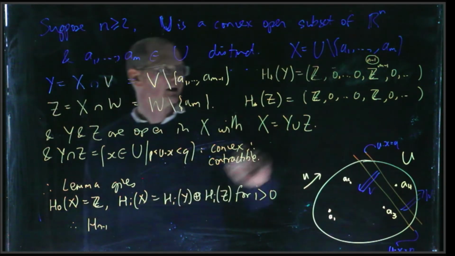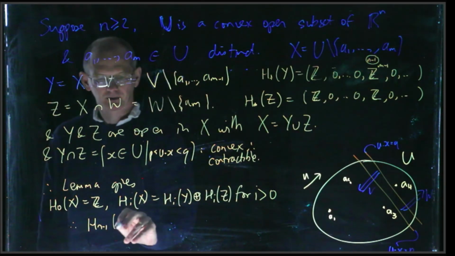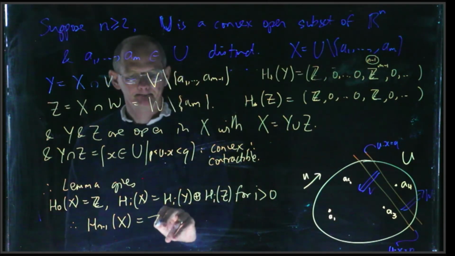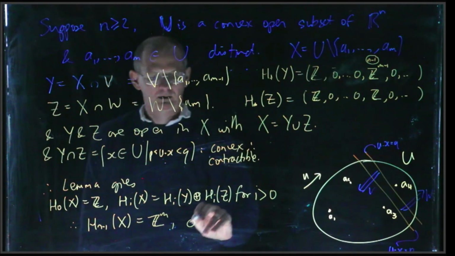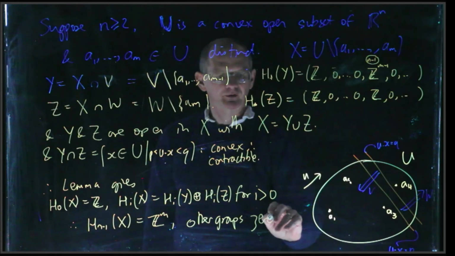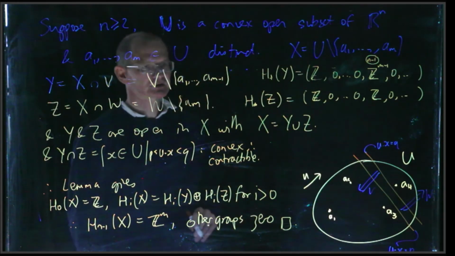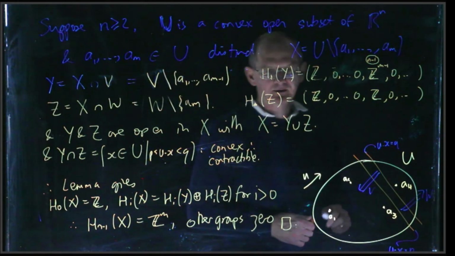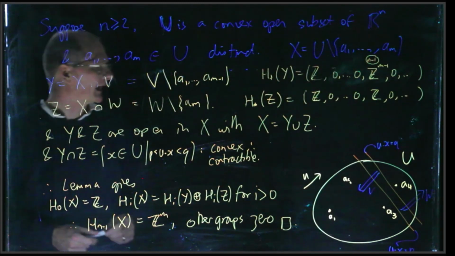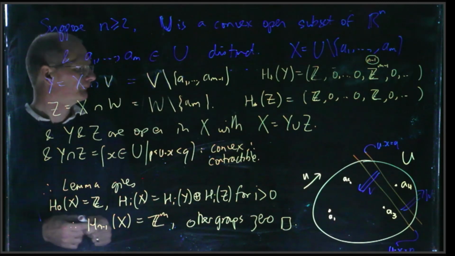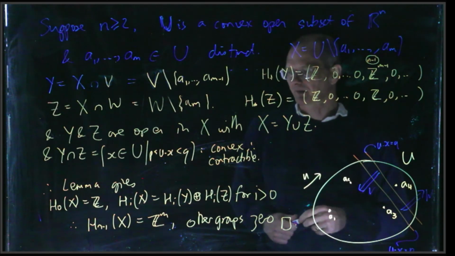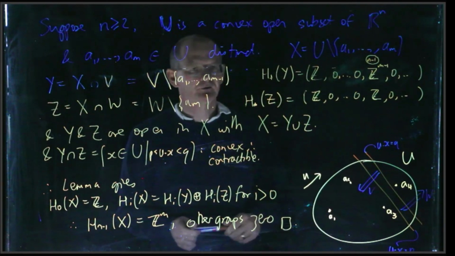And so looking here in degree n minus 1, you get Z^(m-1) plus Z, which is Z^m. The other groups are 0. Okay, so that completes our induction step, and it tells us what we get for the homology if we start with a convex open set and remove some finite list of points. So that's our first example of the Mayer-Vietoris sequence, and in the next couple of videos we'll do various other examples.